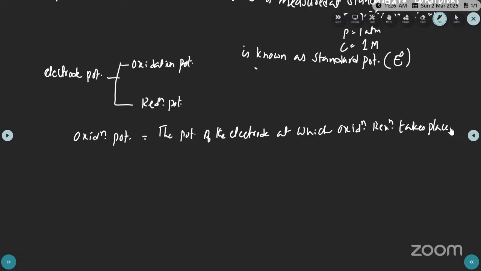And what is reduction potential? The potential of the electrode at which reduction reaction takes place is known as reduction potential. Like that, every electrode has two potentials.